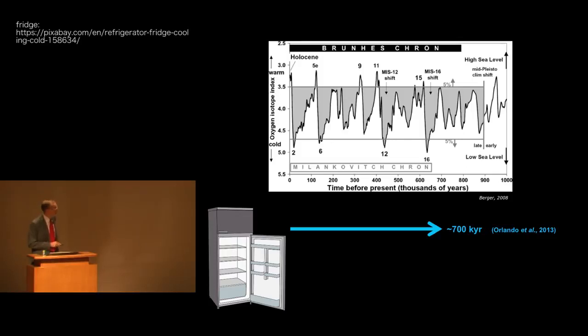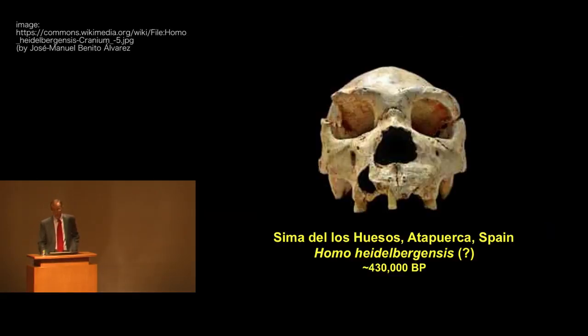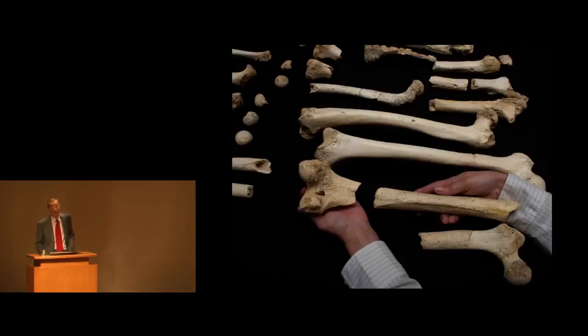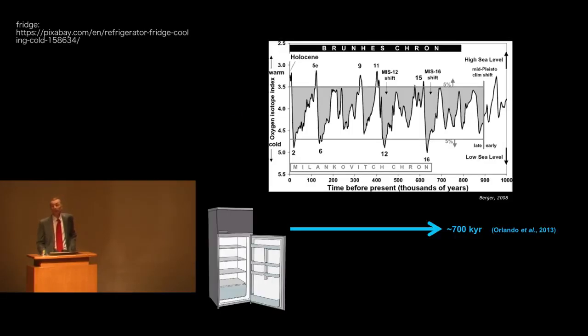So if we look at remains that are not frozen, we have worked for a couple of years now at a site that's 430,000 years old in Spain, Atapuerca, a deep cave site where one finds many remains of probably ancestors of Neandertals or Denisovans, where we've been able to retrieve a mitochondrial genome and now a bit of nuclear genomes. So I think you can, with these remains, at least go back something like 400,000 years outside the permafrost.